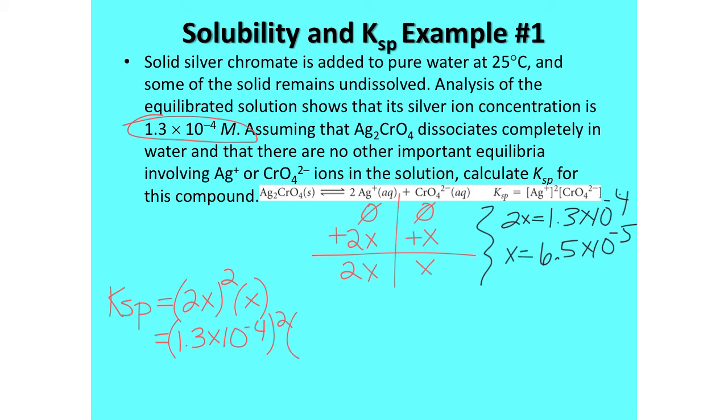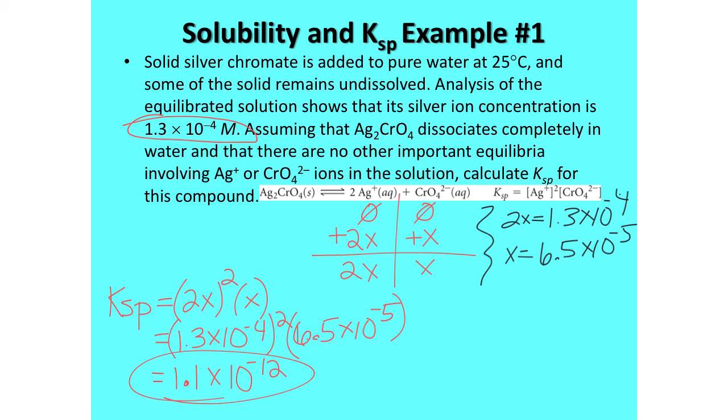So that is what we will then be putting in our K expression. All right. And once we put that all into our calculator, then we get our Ksp having a value of 1.1 times 10 to the negative 12th.